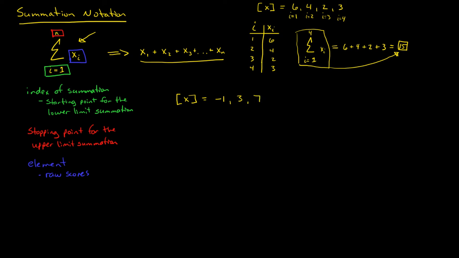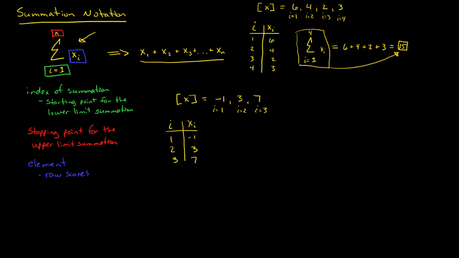So let's do our i, and we have 3 levels here, 1, 2, 3, and then our x sub i. So at i equals 1, we're at a -1. At i equals 2, we're at 3. And at i equals 3, we are at 7.